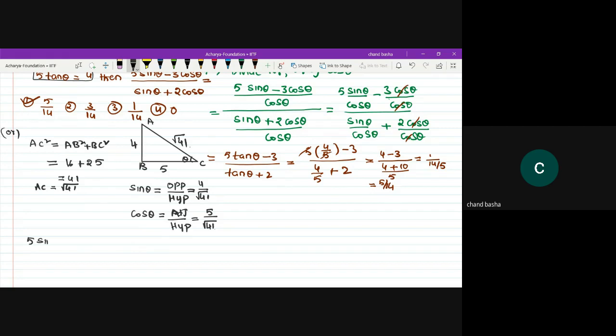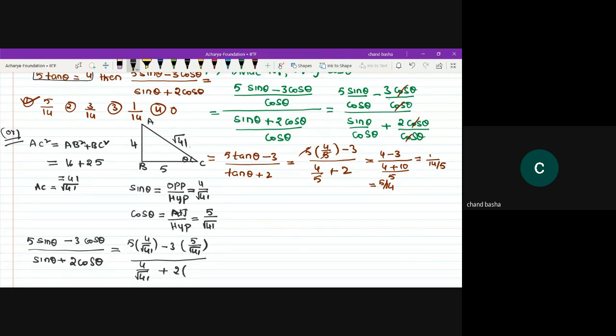What is being asked? 5 times sine theta minus 3 times cos theta, divided by sine theta plus 2 cos theta. This is another method I'm using. Sine theta is 4 by root 41, and cos theta is 5 by root 41.